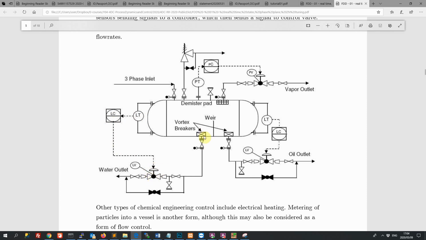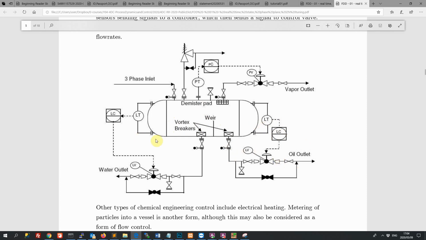So if there's this intended exit flow rate of water, we might actually close off this valve to allow this vessel to increase in its level to reach the set point. Same here, right? There's an oil exit stream here. So oil and water, right? So it might be we are trying to control 2 different levels in the same tank. So the oil level is being controlled here.